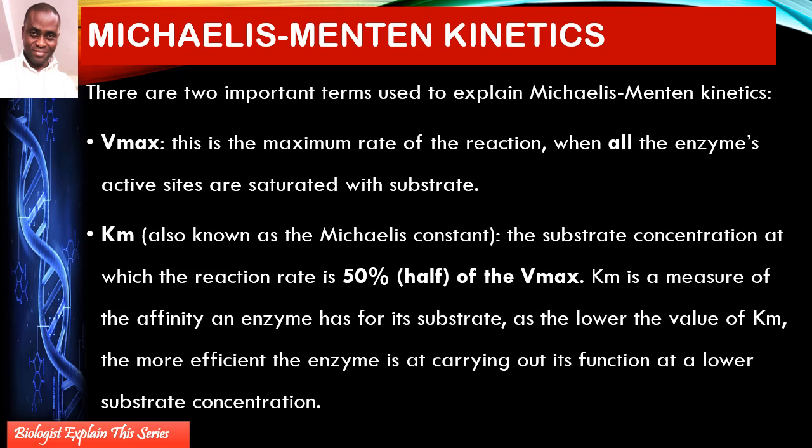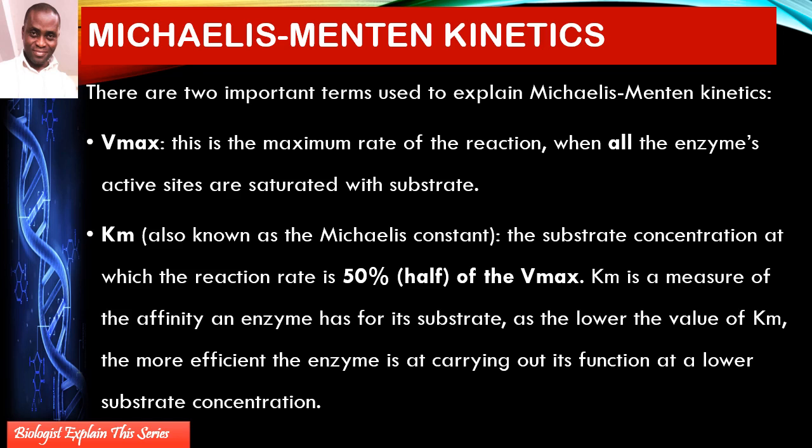Now, the Km is a measure of the affinity. The importance of the Km is that it sheds light on the affinity between the substrate and its enzyme. Is the affinity strong or is it weak? What we are saying is that when you have a low Km for an enzyme's activity, it shows that the enzyme binds well, meaning the enzyme has a higher affinity.